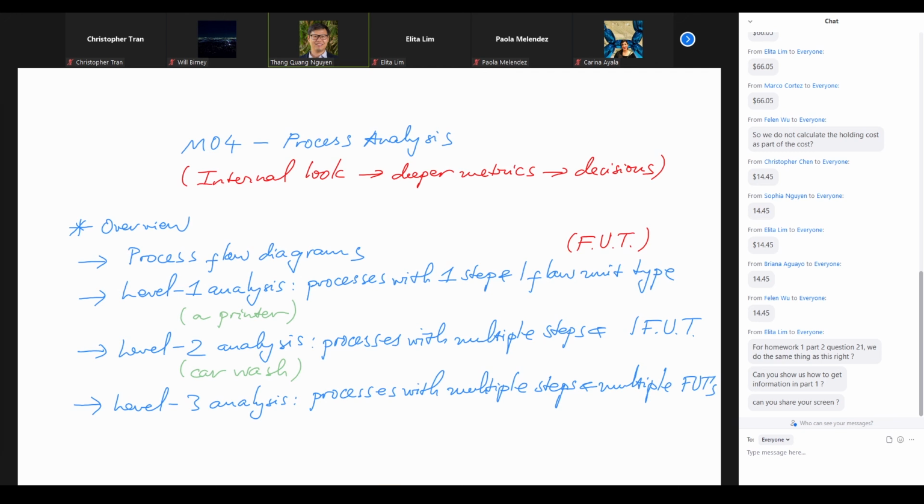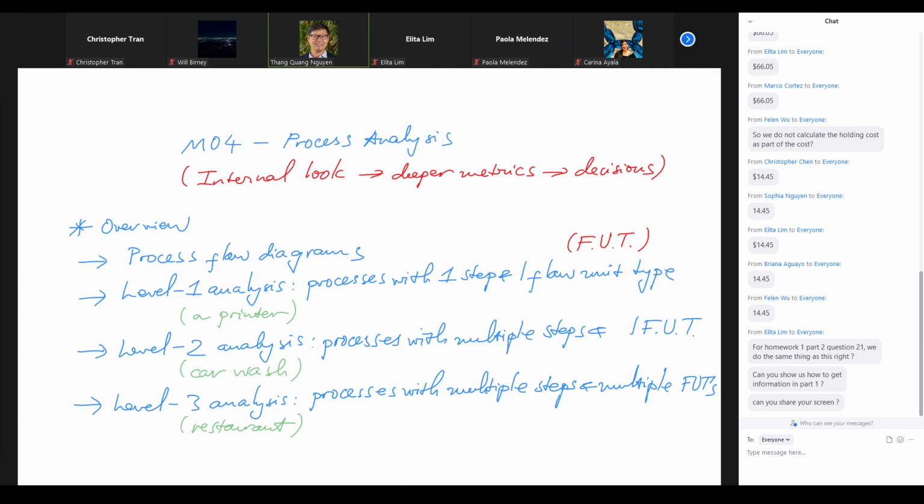For example, a restaurant will have to cook different dishes, so multiple flow unit types go through a restaurant. But at the same time, each dish will have to go through different stations, different equipment, and different cooks, right? So that's why it's more complex than before. So that's the plan: we do level 1 analysis, level 2, and level 3 analysis.